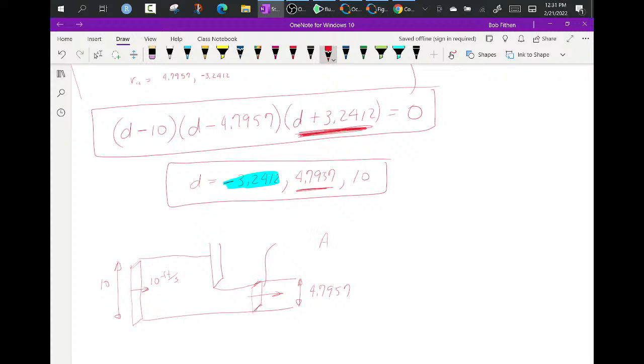So the area 1, velocity 1, area 2, velocity 2. The area is nothing more than the height times 1 foot. So it becomes 10 equals the area of the exit, 4.79, times the velocity at the exit.